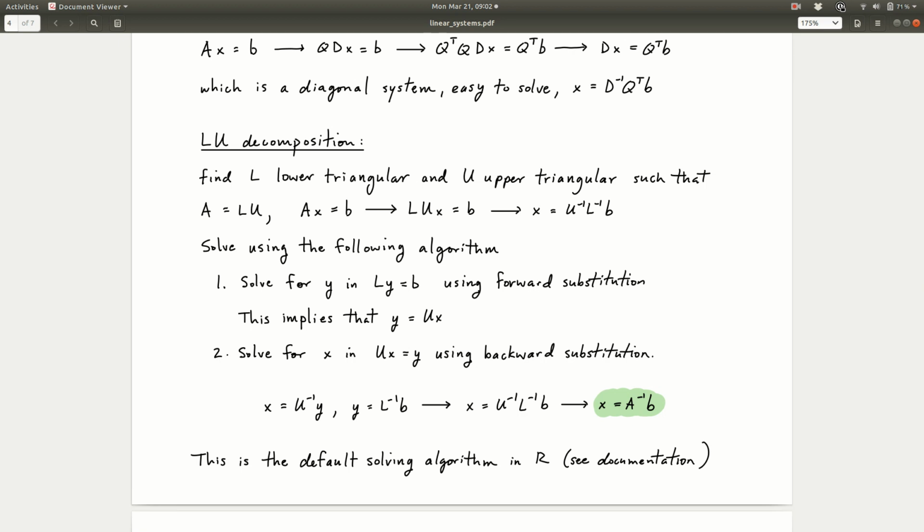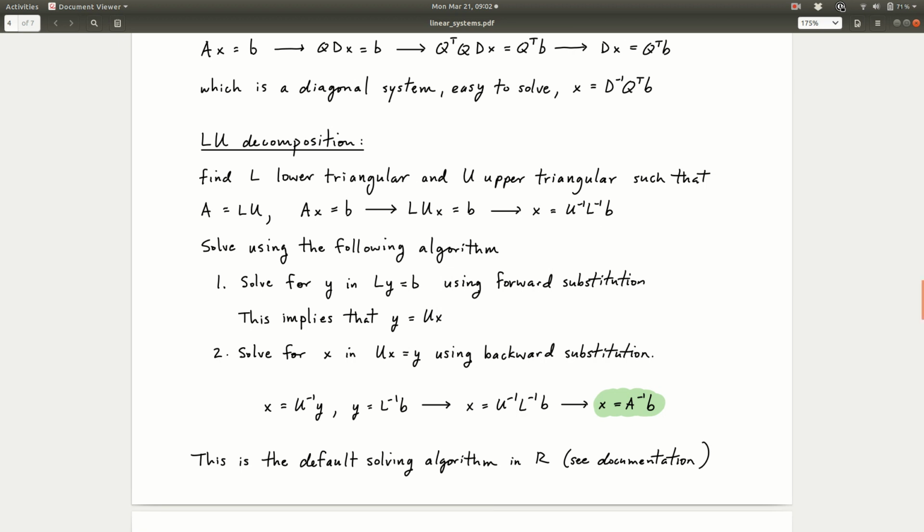So the decomposition problem is: find L lower triangular and U upper triangular so that A equals L times U. Then if we look at our equation, AX equals B corresponds to LUX equals B. We'll show an algorithm, I'm not showing it here, that allows you to easily find X by doing a forward substitution and then a backward substitution. Equivalently, it's just X equals U inverse L inverse B.